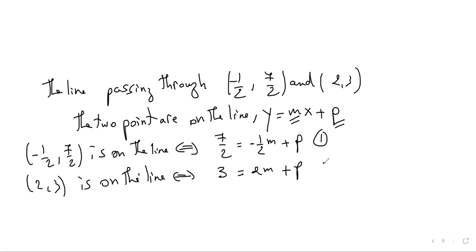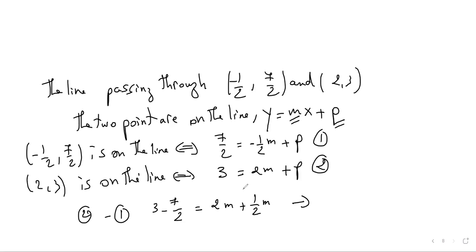If I do the second minus the first, I will get the value of m. So I have 3 minus 7/2 is equal to 2m plus 1/2 m.